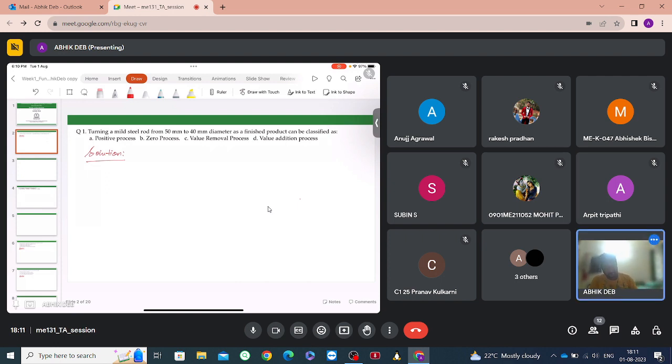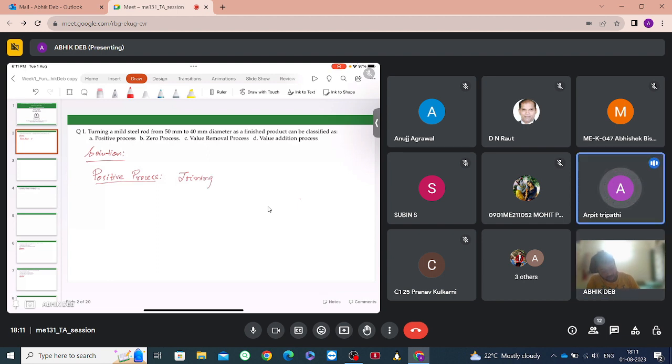So what is this positive process? A positive process is something like joining processes like welding. What happens in that?